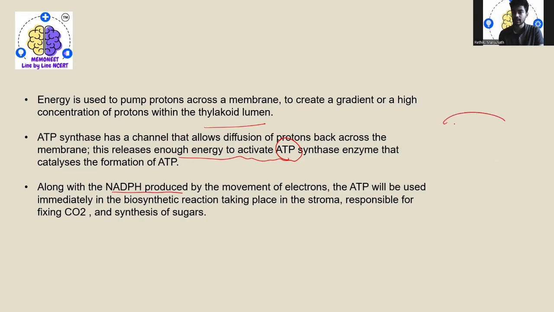You have seen the movement of the electron. The ATP will be used immediately in the biosynthetic reaction taking place in the stroma, responsible for the fixing of carbon dioxide and synthesis of sugar.